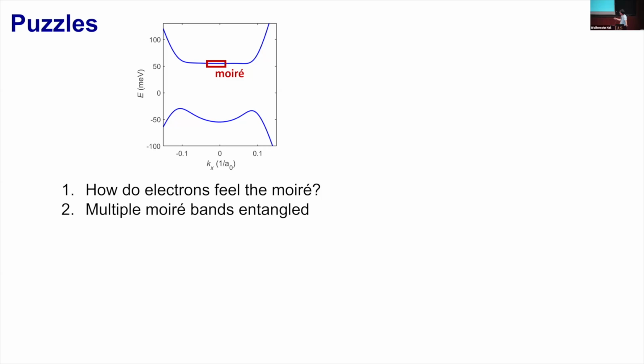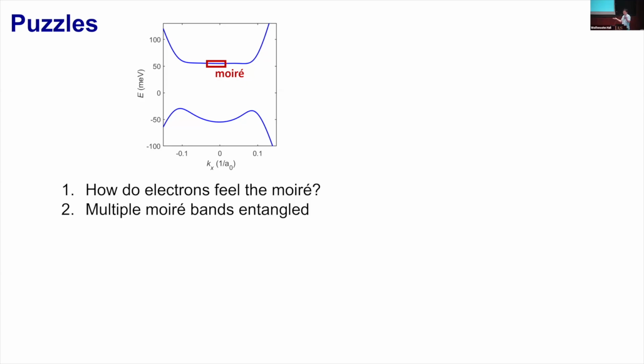And the answer is the Moiré is enough to include this many electrons for filling factor 1, which means you have a lot of other electron states that are in the close neighborhood in energy.